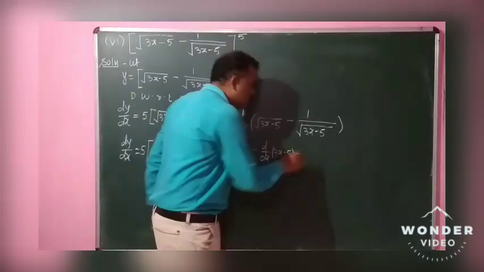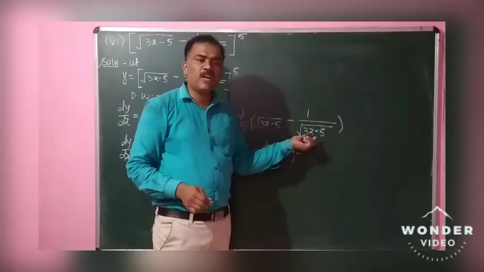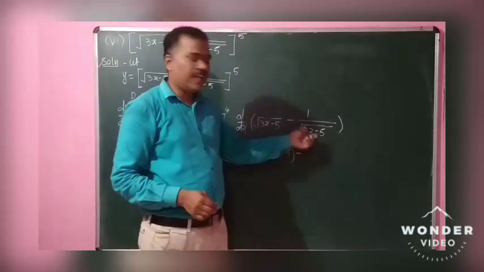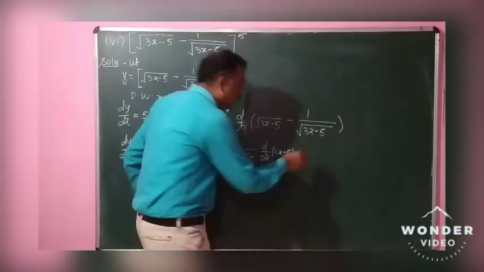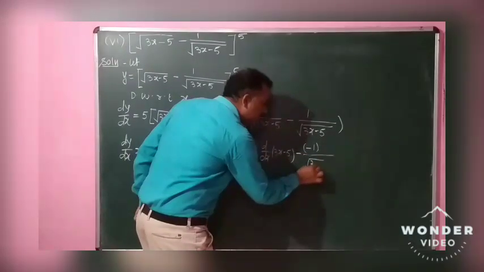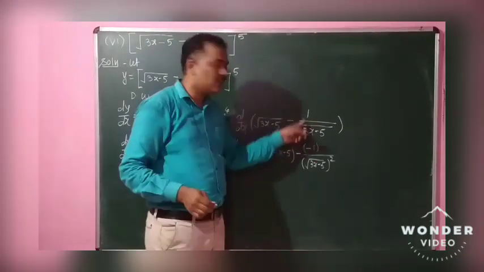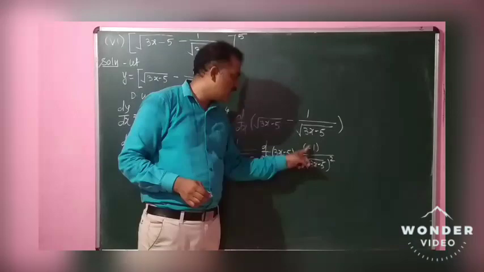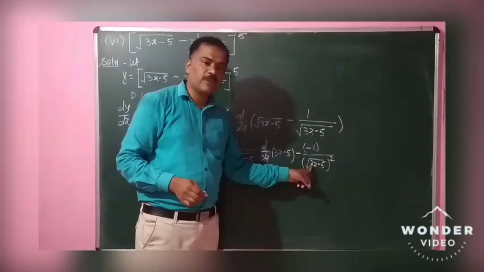Minus, we treat the second term as 1 upon x, and the derivative of 1 upon x is minus 1 upon x square, where x is the square root of 3x minus 5. So we write minus 1 upon (root of 3x minus 5) square.